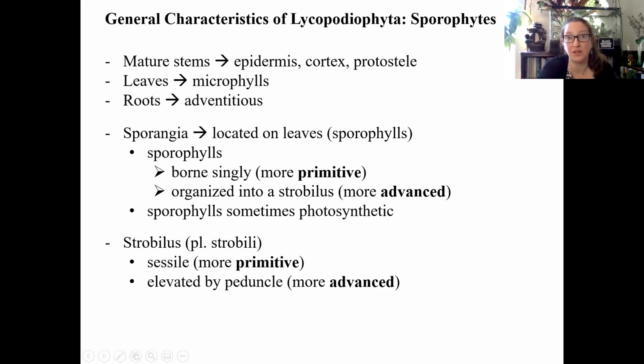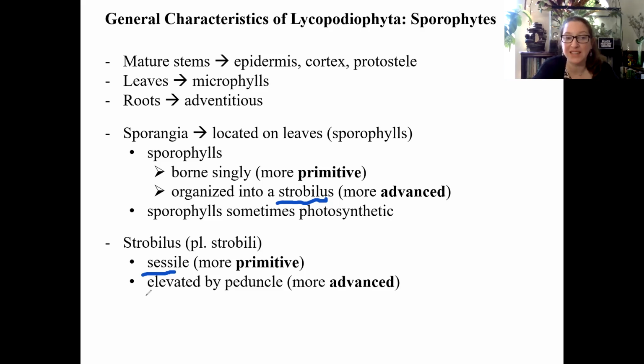Last but not least, in terms of these kinds of structures, this strobilus thing. A strobilus, again, remember here, just because it's kind of a newish term. Look, organized into a strobilus, right? The strobilus itself sometimes is what's called sessile, which is another way of saying does not have a stalk.